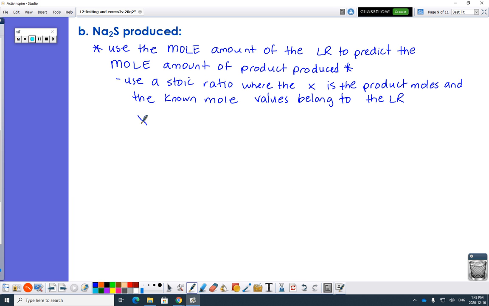Okay, so how many moles? What's the question want? Na2S. Its coefficient is 1.